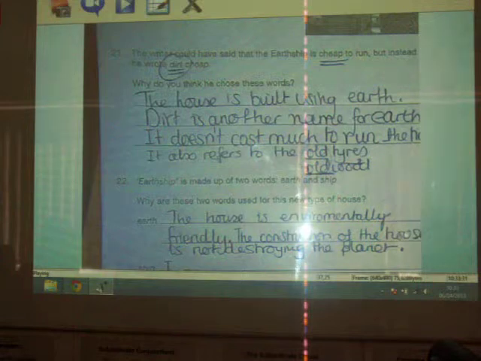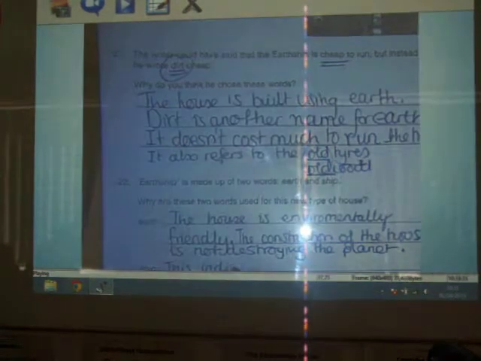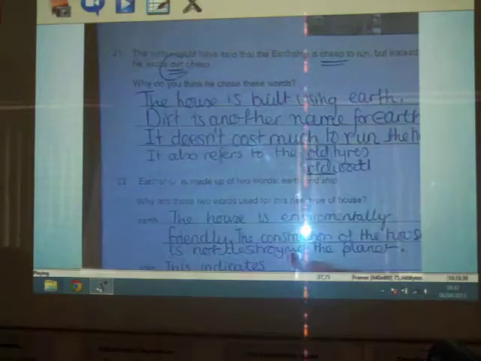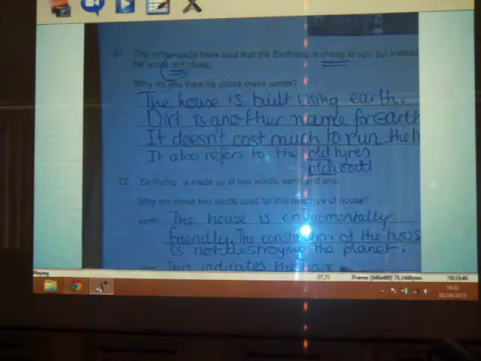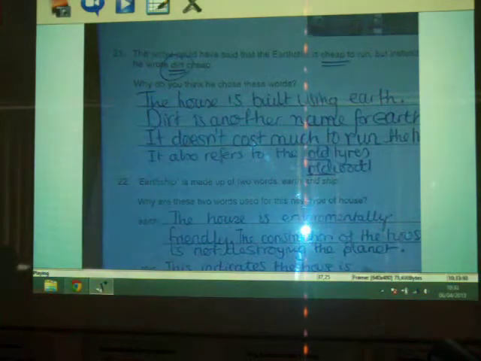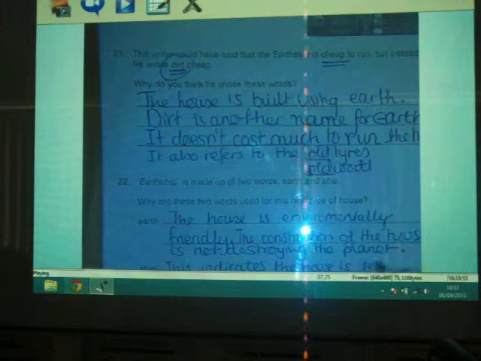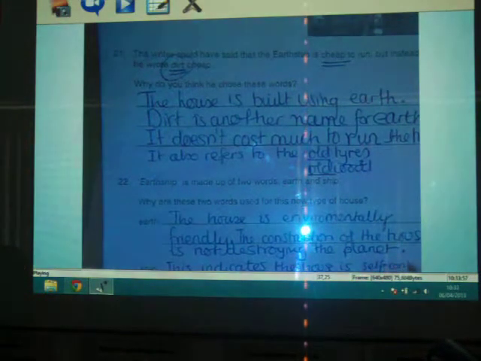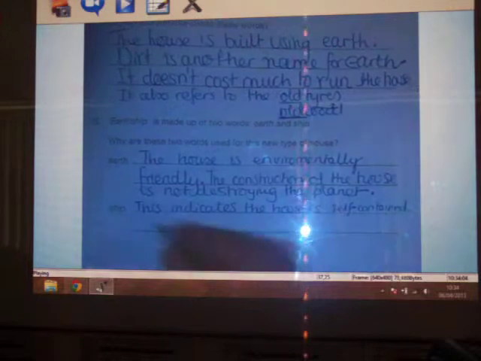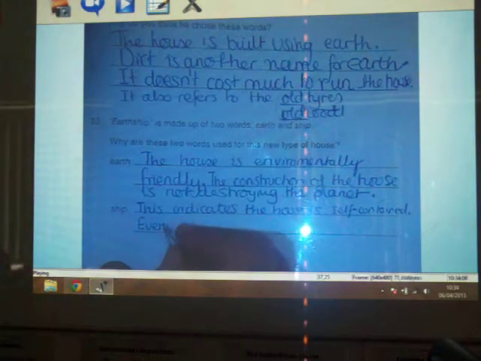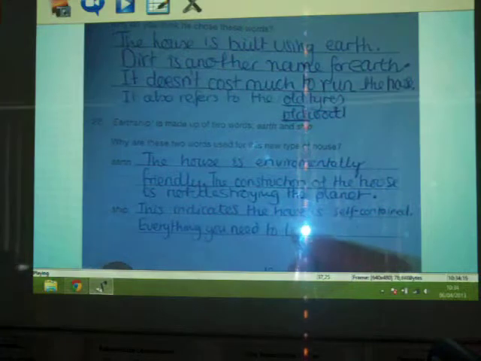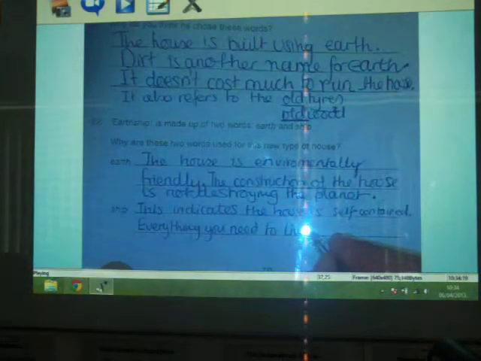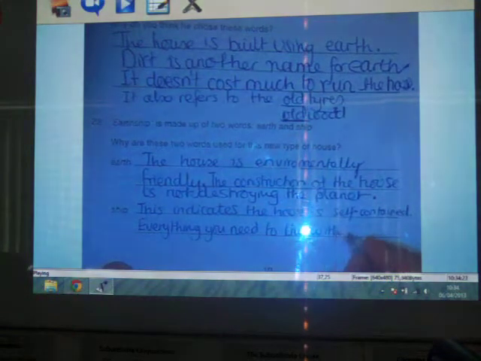So the ship indicates everything you need to live is in this house.